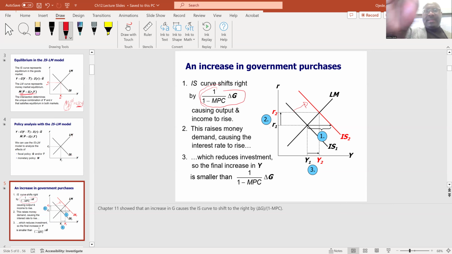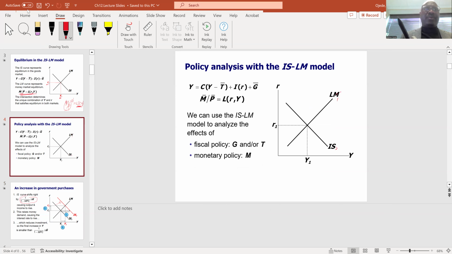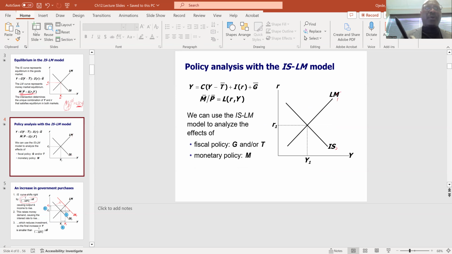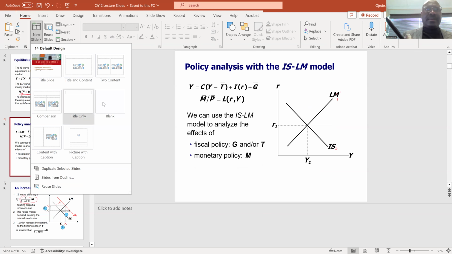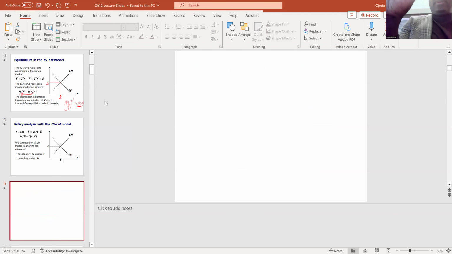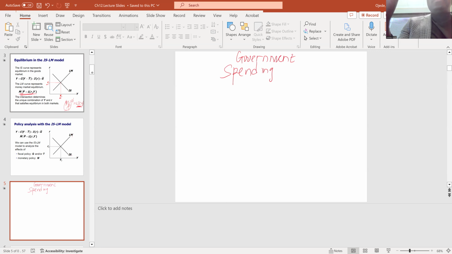Remember, this government spending multiplier is given by what? Let me remind you, if you forget for some reason. We say the government purchases, or government spending, multiplier: we derive the formula for the multiplier.